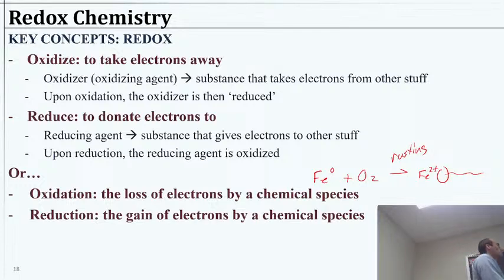So iron in that case, the zero valent iron, the metallic iron, was oxidized, and the oxygen has taken those electrons and has then become transferred into some sort of reduced state.